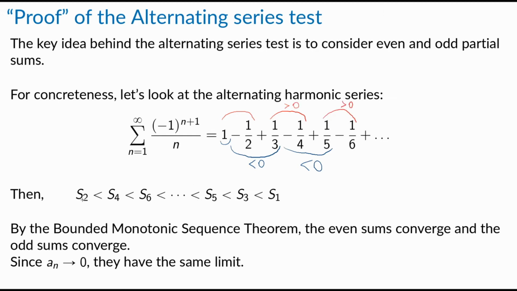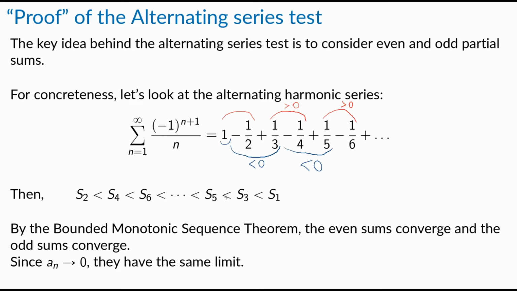So S2 is going to be smaller than S4, is going to be smaller than S6, and these are going to be increasing. At each stage, to go from an odd to the next even, I go down. So that means that all the odds are going to be bigger than all of the evens.